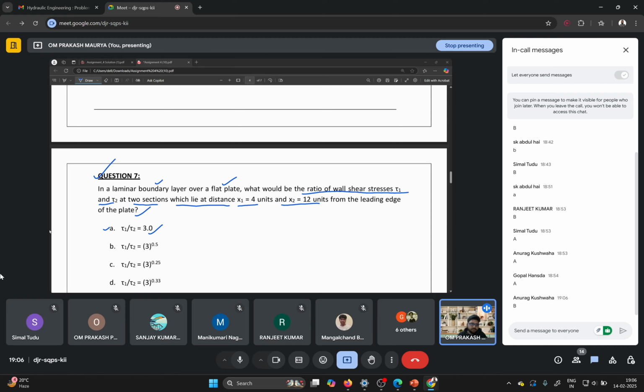Anurag is telling option B. Good. Other students, please also try to calculate.